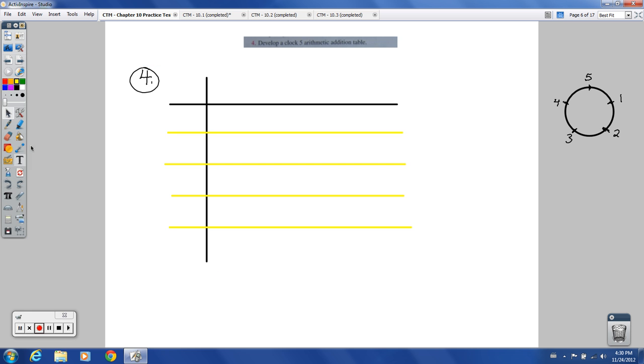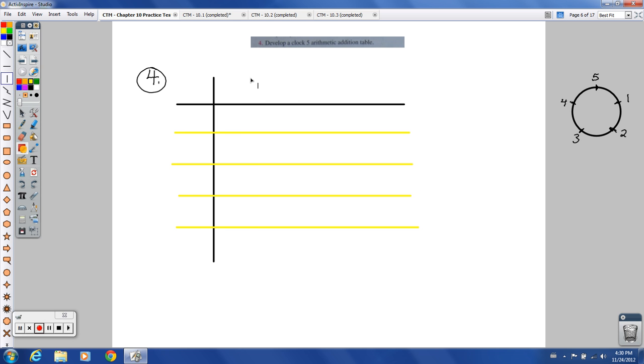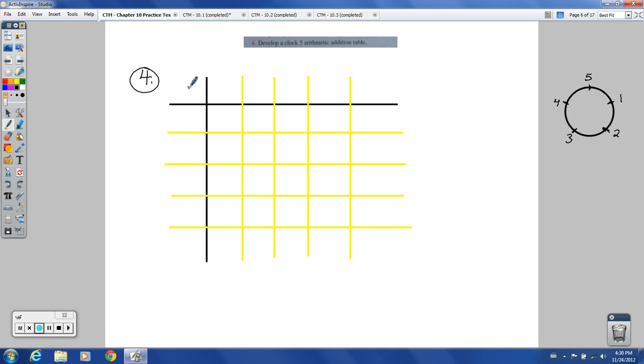And I'll make some vertical light lines here, so that'd be 1, 2, 3, 4, and 5 right there. Okay. So let's just fill this in. We're doing addition, with 1, 2, 3, 4, and 5 going in both directions.